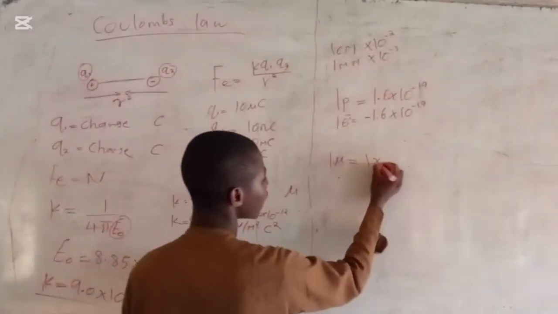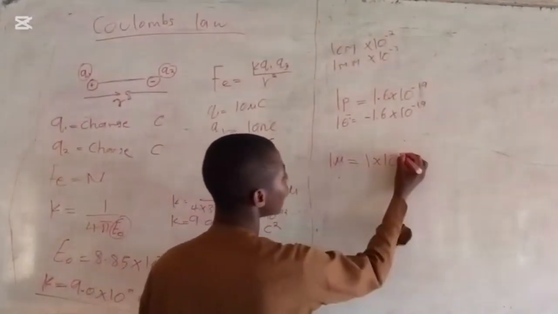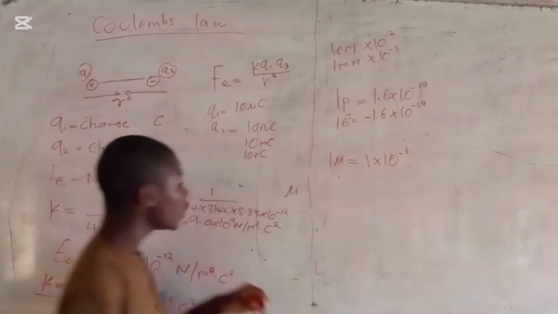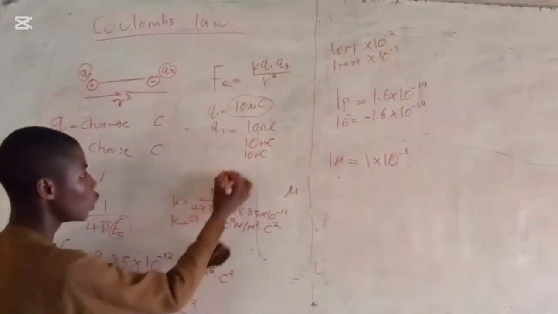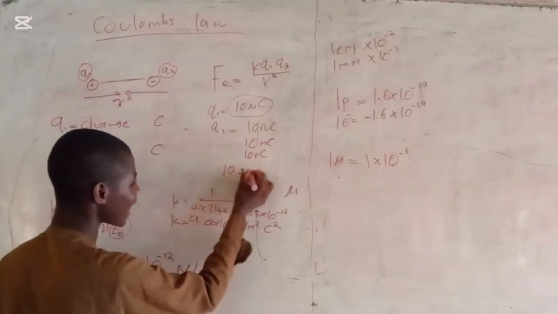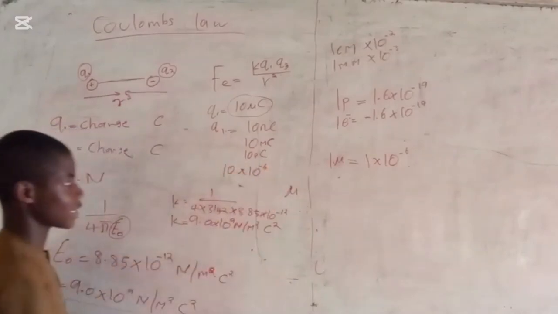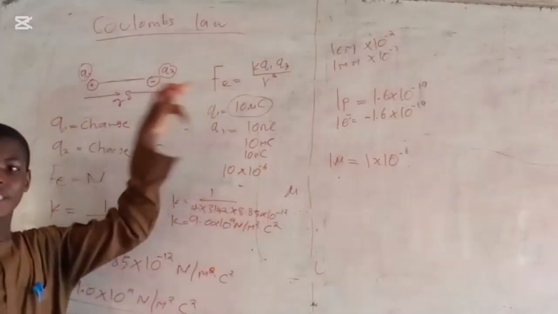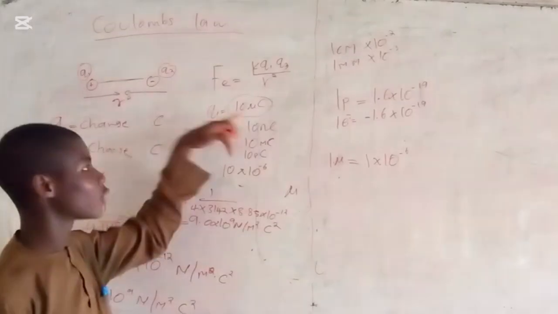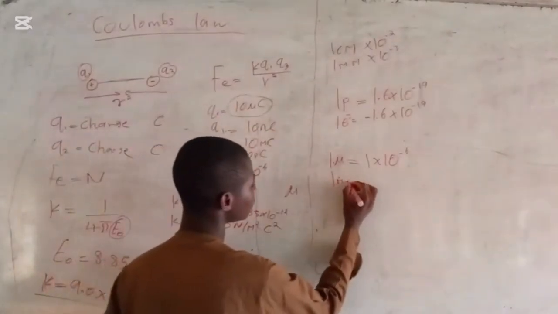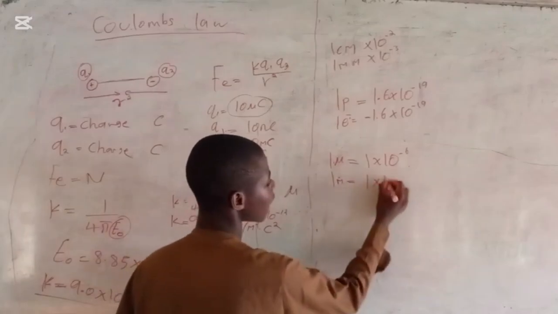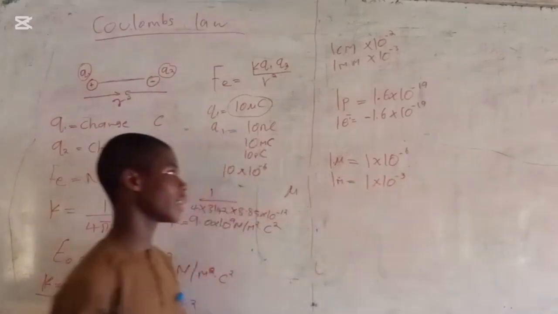Microcoulomb is 1 times 10 exponential of negative 6. When you are given a value, say 10 microcoulombs, you multiply by 10 exponential of negative 6 to eliminate the mu. 1 milli is equal to 1 times 10 exponential of negative 3.